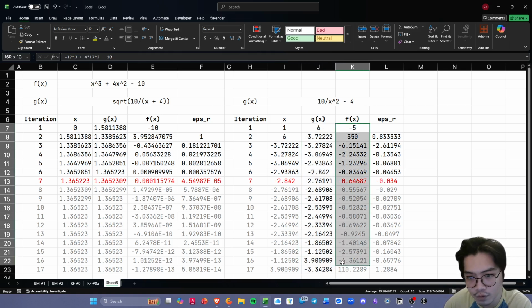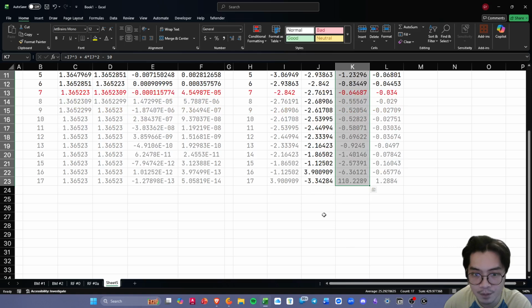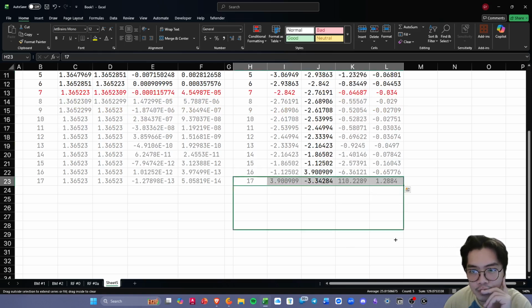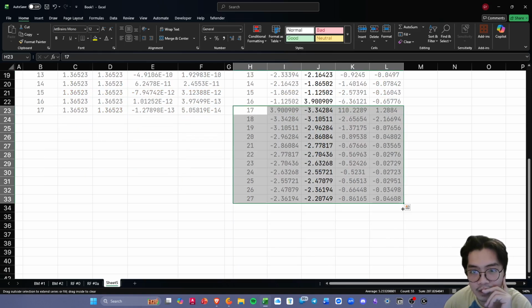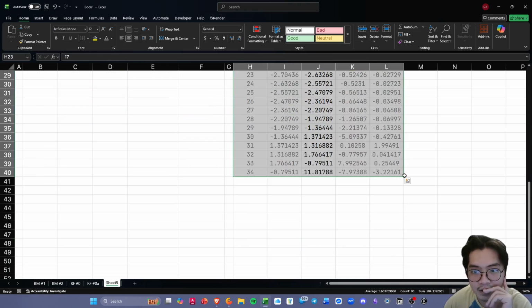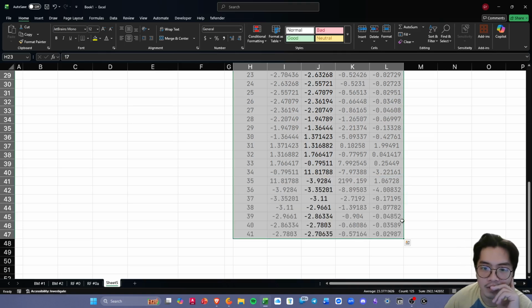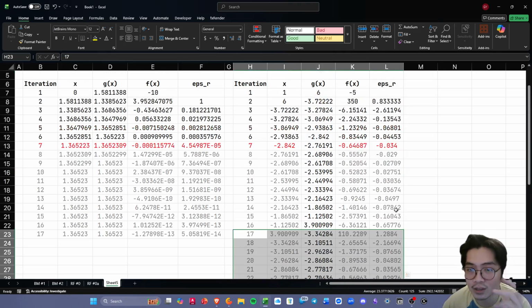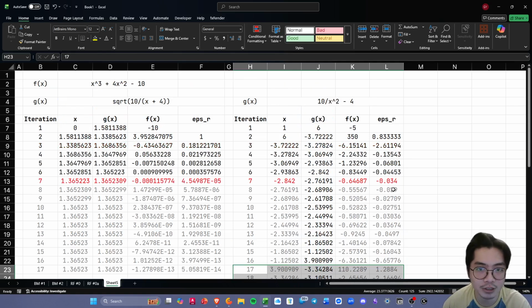And this also reflects itself in f of x, right? If we keep doing this, it'll just bounce on and off and on and off, and it's not going to go anywhere specific. So in this case, this is not a great iteration as well.